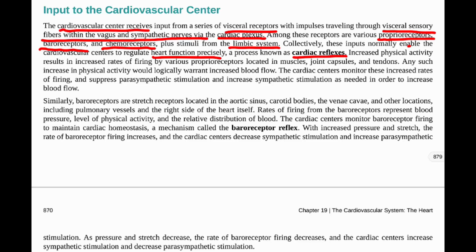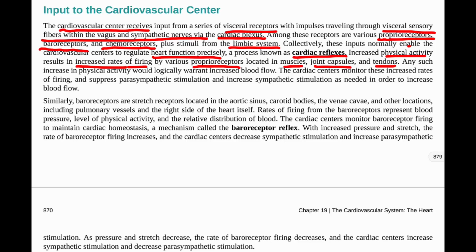So increased physical activity results in increased rates of firing by different proprioceptors located in muscles, joint capsules, and tendons. So with the increase in exercise, that movement, the pushing and the flowing and the pushing on the muscles and the joint capsules and the stretching of the tendons, those kinds of things have proprioceptors in them.